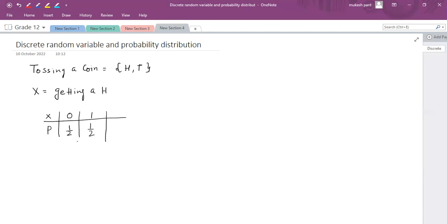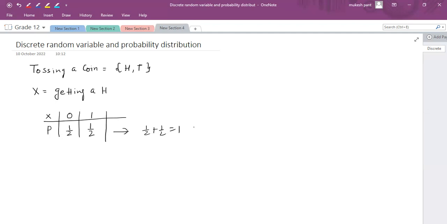In this case, we need to check the probabilities: the sum of all the probabilities should equal 1. If you look at this row, 1 over 2 plus 1 over 2 equals 1.